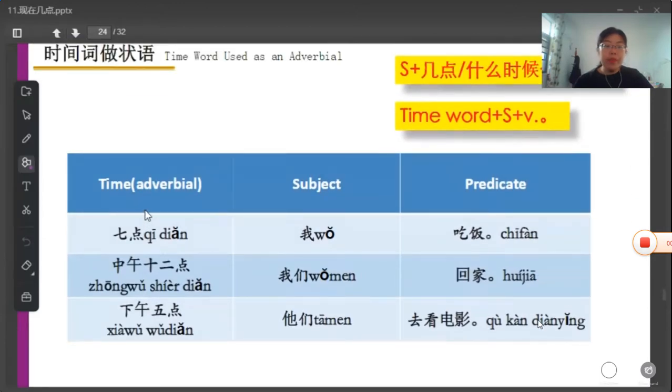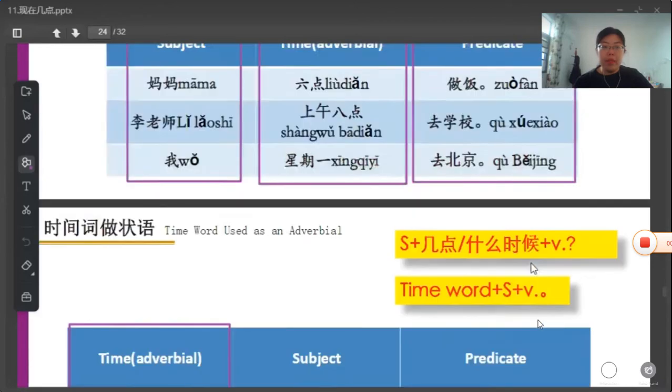We put the time word before the subject. 7点我吃饭. It means I eat a meal at 7 o'clock. 中午12点我们回家. We go back home at 12 o'clock noon. 下午5点，他们去看电影. They go to watch a movie at 5 o'clock p.m. For this part, we put the time word before the subject, and then the predicate.